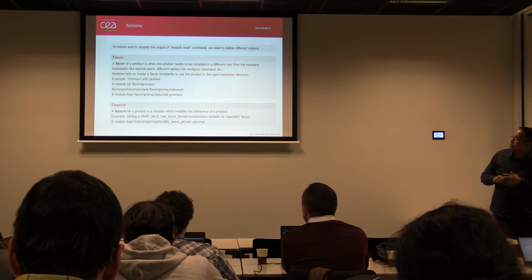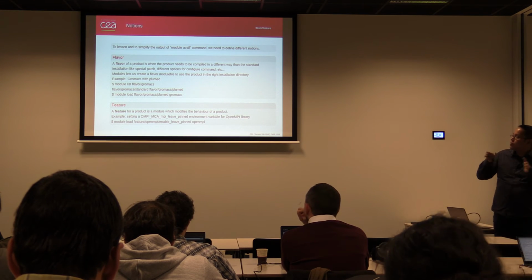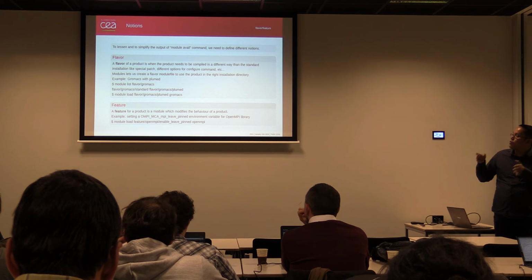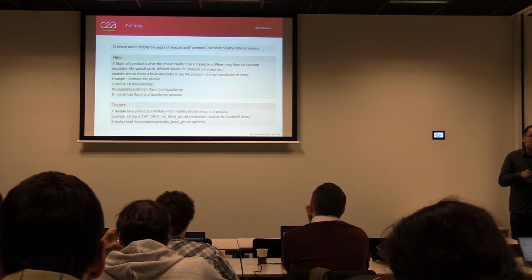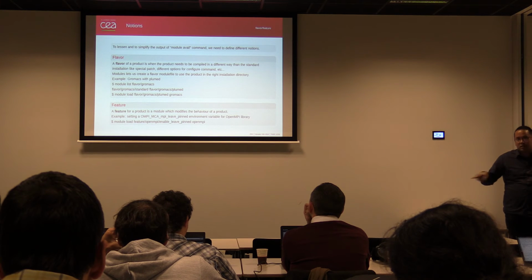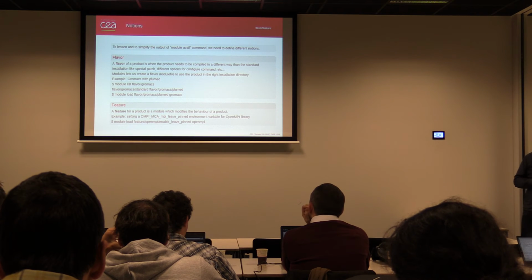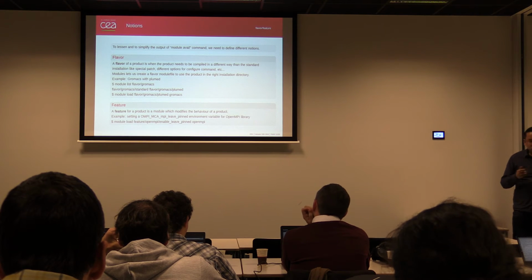Then like that, we have a flavor GROMACS standard and flavor GROMACS plumed. And then after you have to load the version of GROMACS you want, and it will load the correct version of GROMACS, plumed or not.